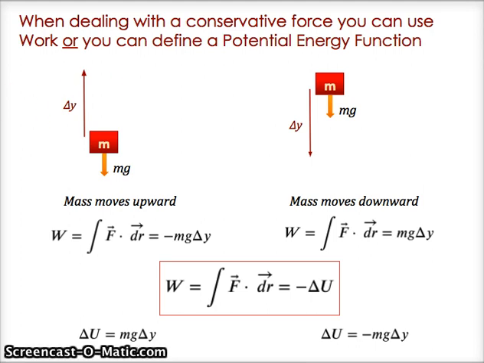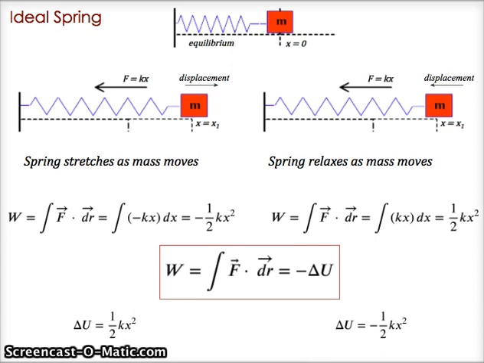You're very used to talking this way because we've been doing it for quite a while. But again, it doesn't have to just be gravity that does this sort of process. For instance, later in the year we'll talk about springs. And the spring force is also a conservative force.